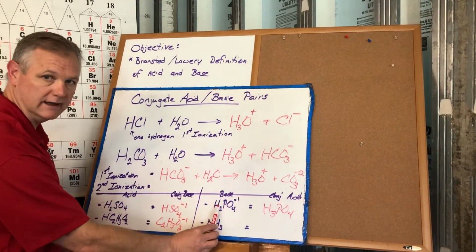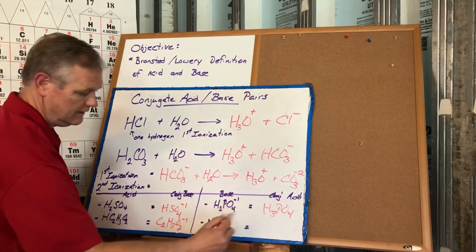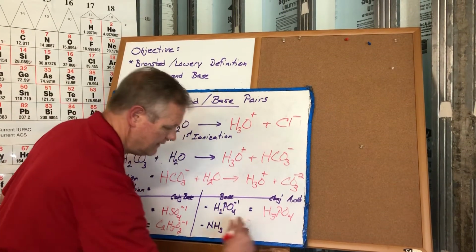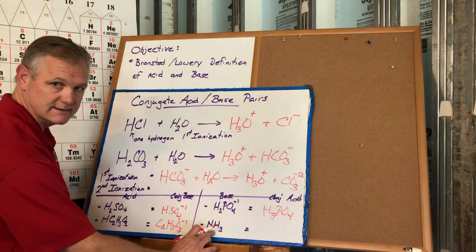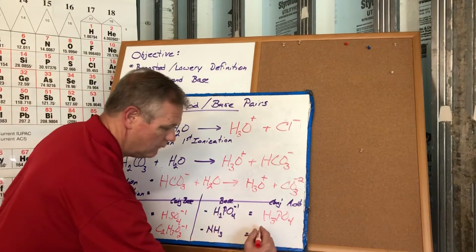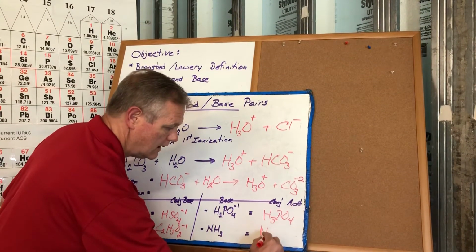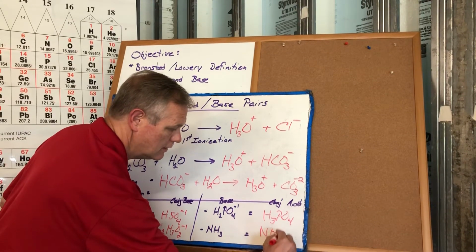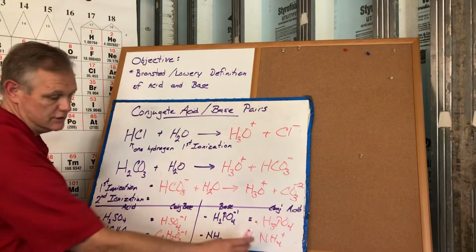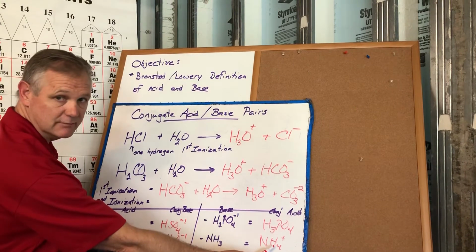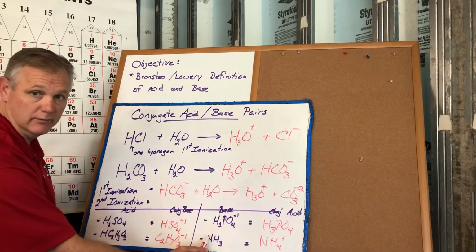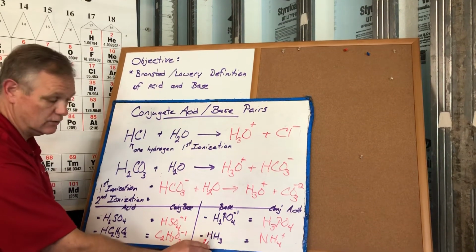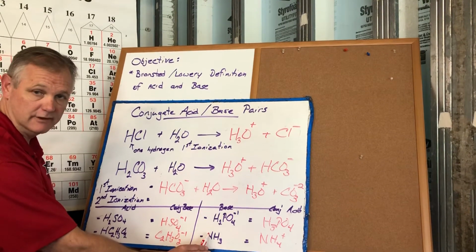What you have remaining is going to be the base. If I start on this side, this is the base, so this one had to have one more hydrogen than this one. So that would be the acid because it donates, and that would be the base because it is what remains left over.